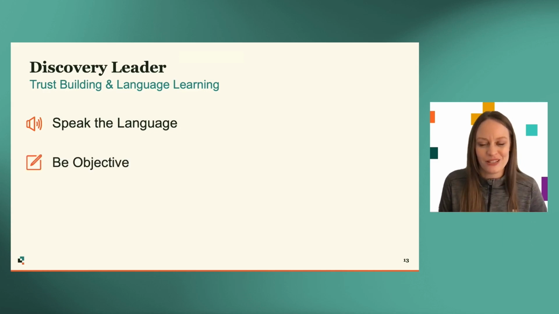Okay, be objective. This may be a little difficult if you have some experience in the subject matter that you are overseeing the discovery on. In meetings with multiple teams, there may be, natural in any process, some push and pull between groups. And there may be defensiveness with people changing their process.